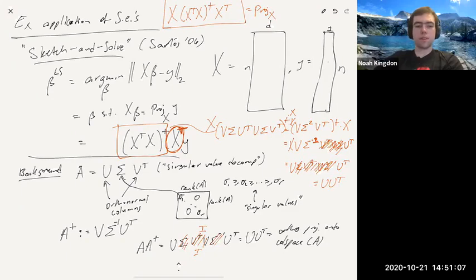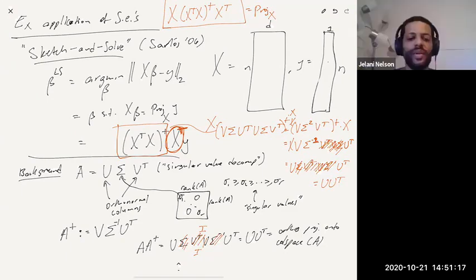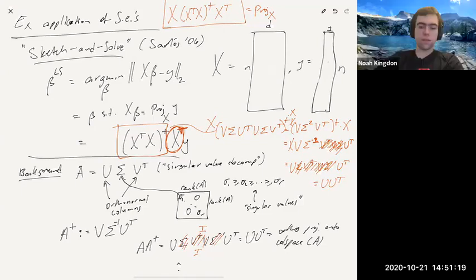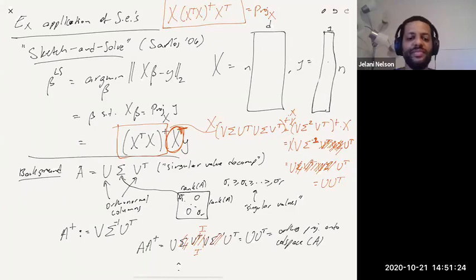Didn't we just say that was just X pseudo inverse though? Like, why do we need the extra stuff? Or you said AA pseudo inverse. Yeah. So I guess the issue here is, oh, you mean why don't I just compute X pseudo inverse? I think I could have done that as well. But let me back up a second.